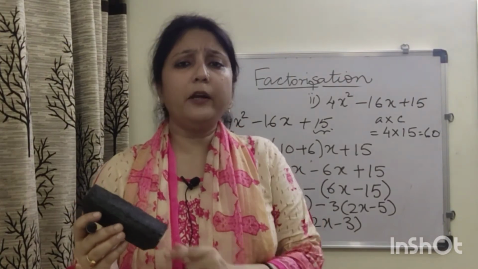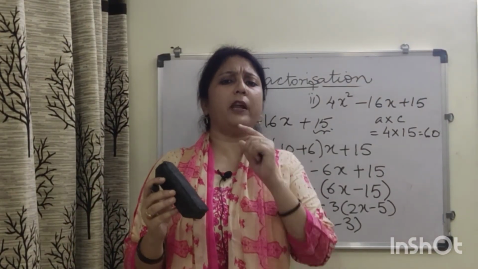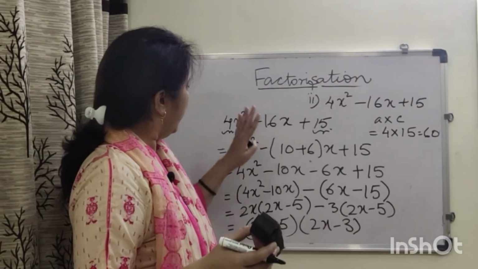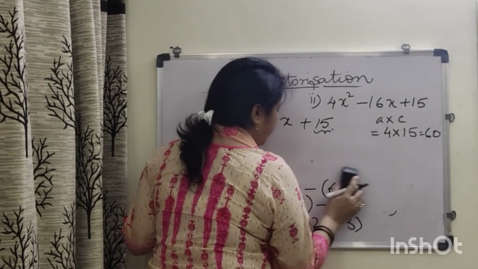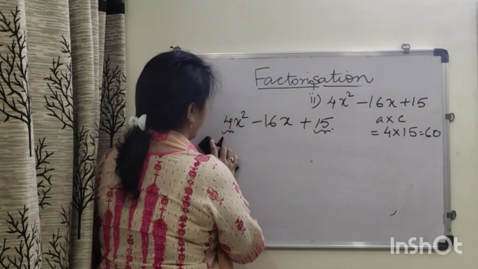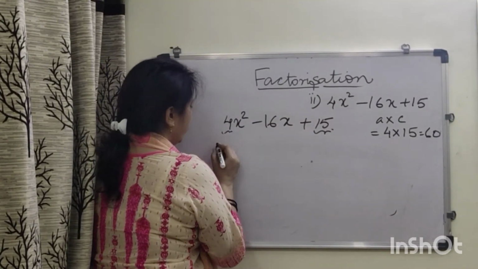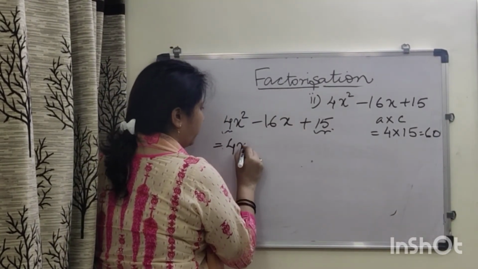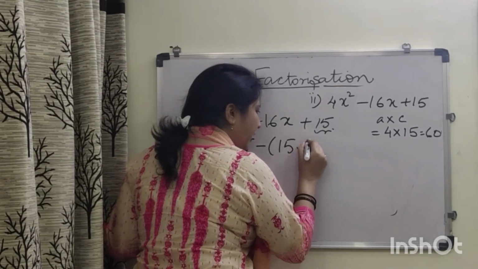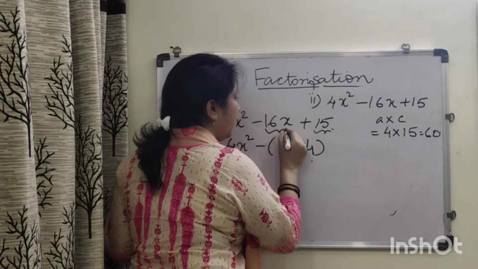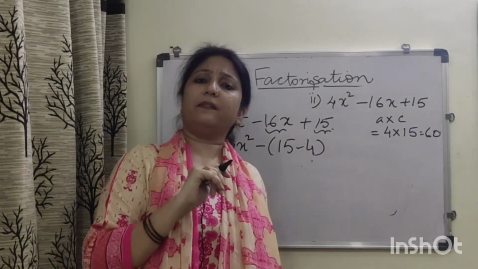Now I would like to show you the working where 15 4s are 60 is there. Is this one clear? Let us take 15 4s are 60 and see what will happen over there. Will you get 15 minus 4 as 16 or 15 plus 4 as 16?